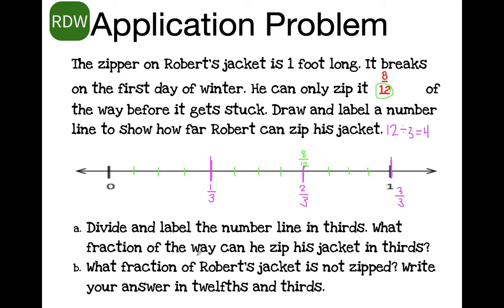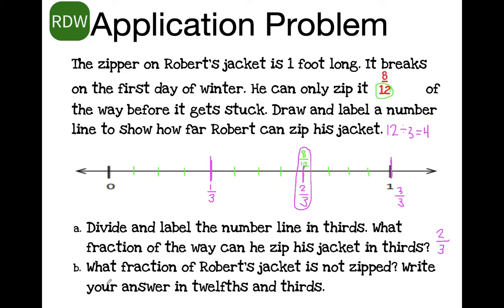So now it's asking, what fraction of the way can he zip up his jacket in thirds? So we're going to look at this as being our equivalent fractions. So he can zip it up 2 thirds of the way. So 8/12 is equal to 2 thirds.